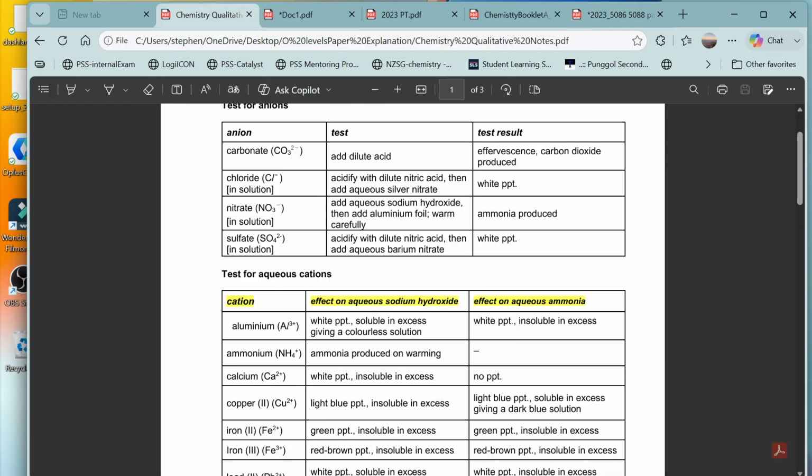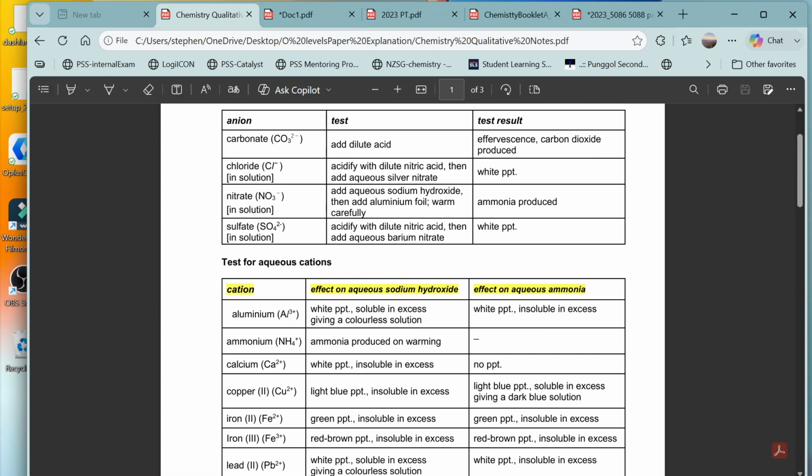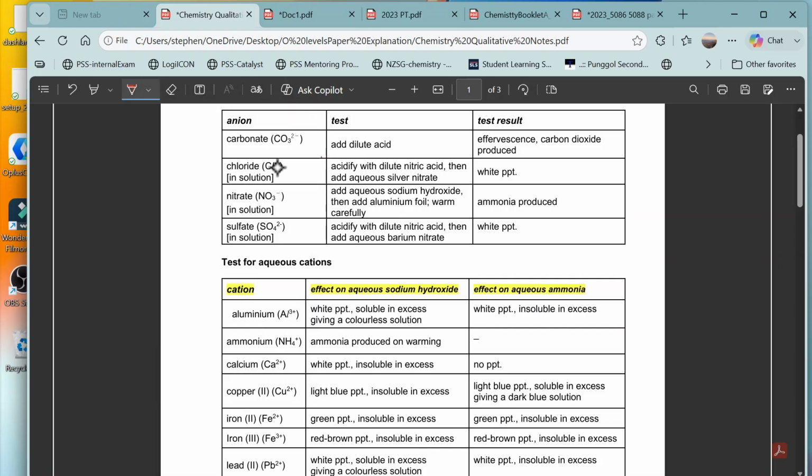So look at the QA notes. If there's ammonium, you see ammonia gas is produced, and you see a dash line over there. Then we go to chloride. How do you identify chloride? Okay, this is chloride. You added this, and you should have a white PPT form.